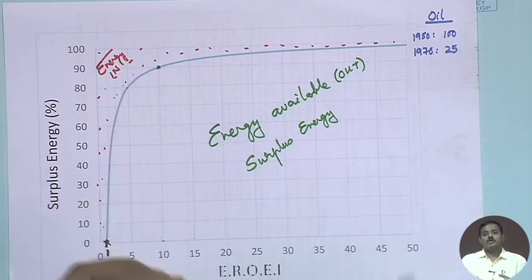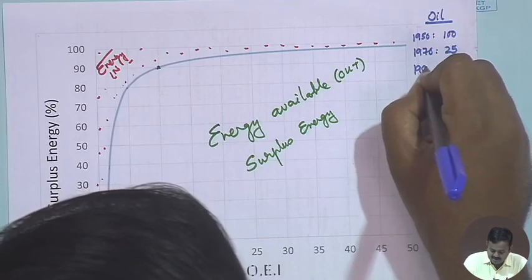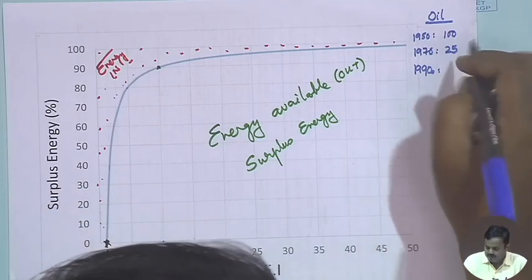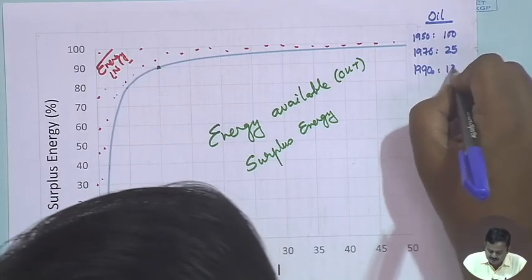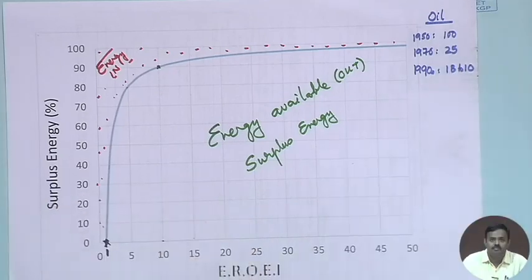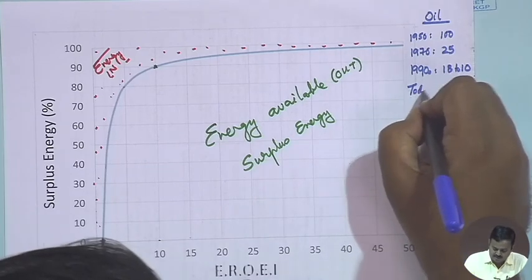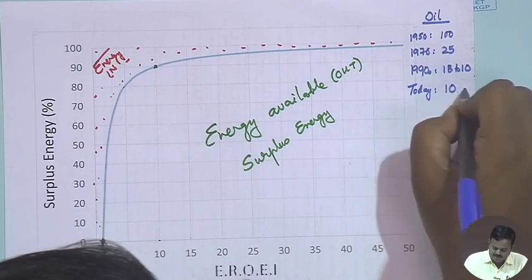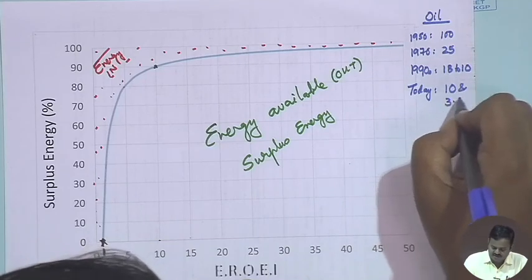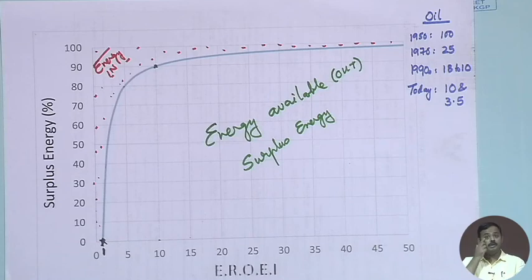So, now in order to extract oil, we were having to go deep, we needed larger oil wells, and so on. Then by the 1990s we were somewhere between 18 and 10, and today we are between 10 and 3.5, let us say, depending on where the oil field is.